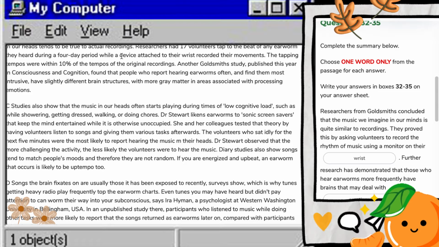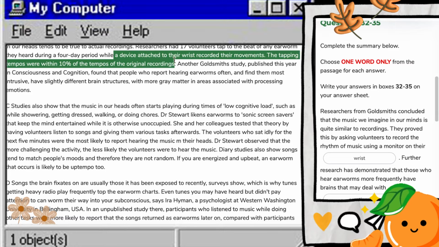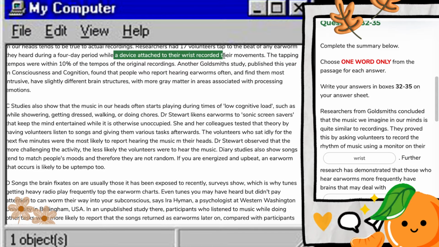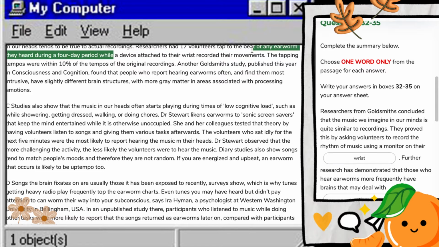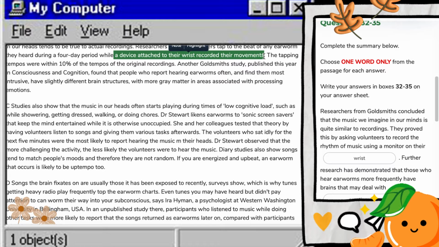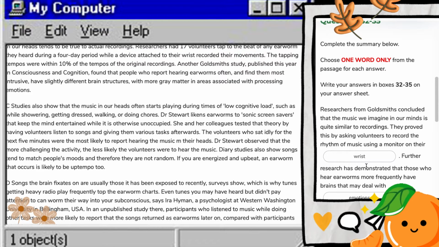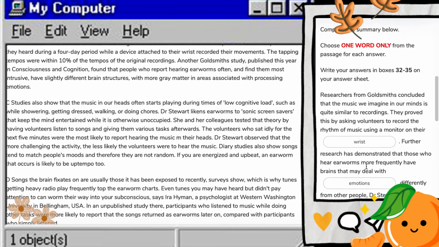Here, a device attached to their wrist recorded their movement. So the missing word is wrist.